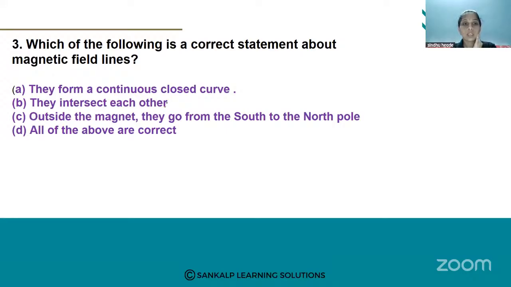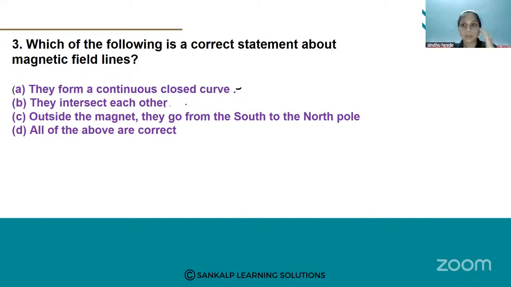They form a continuous closed loop. First statement, they intersect each other outside the magnet. They go from the south to north pole. And fourth one, all of the above are correct. They have given statements related to magnetic field line properties, and asked which statement is correct.